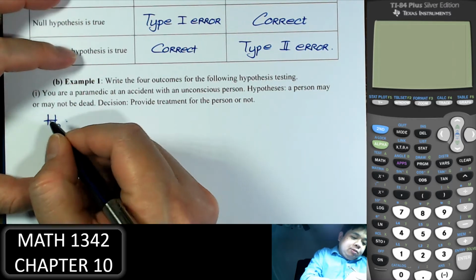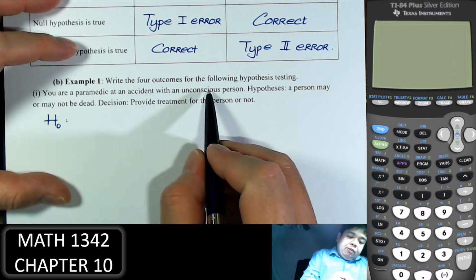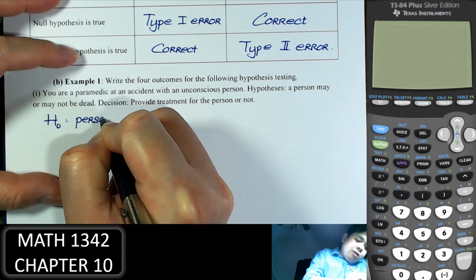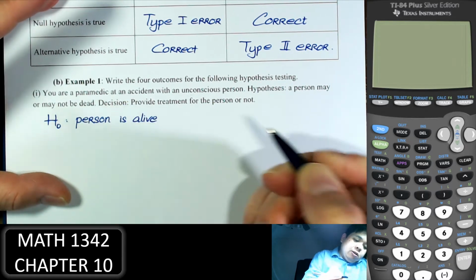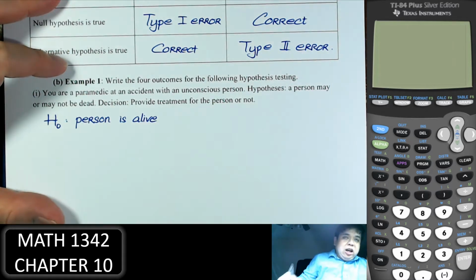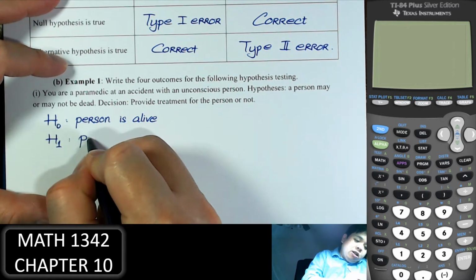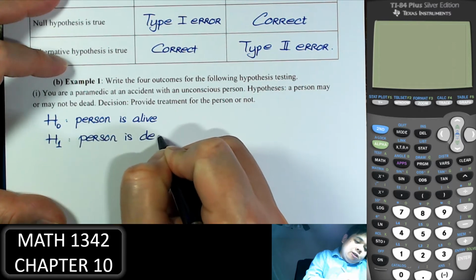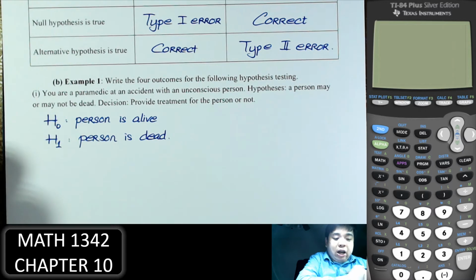So assume that the person is alive. And then the H1, of course, alternative, the person is dead. So that is the null hypothesis, alternative hypothesis.